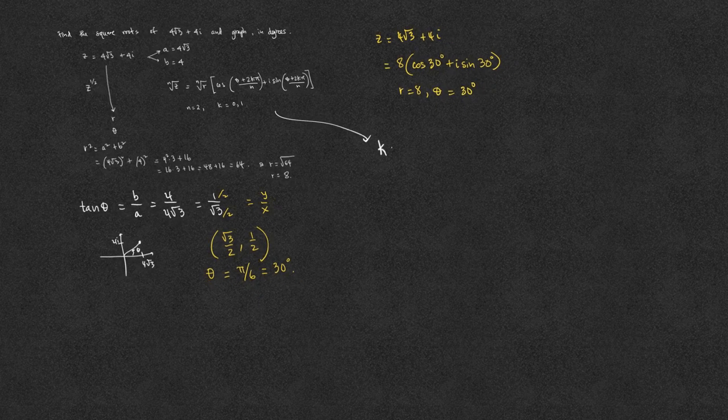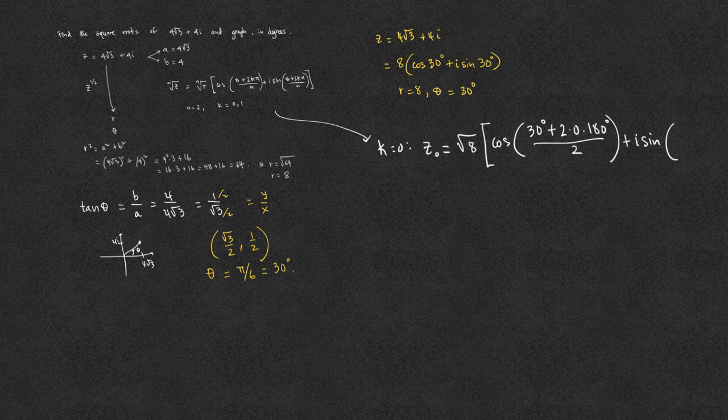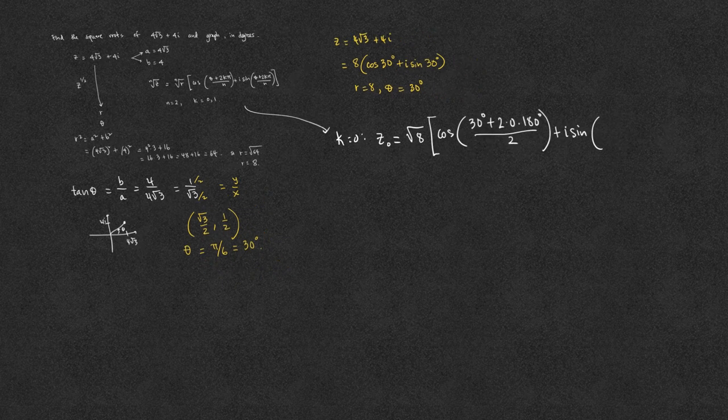When k equals 0, the first solution, z sub 0, is the root of the modulus, which is the square root of 8, times cosine of theta, which is 30 degrees, plus 2 times 0 times 180 degrees, over 2, plus i sine of the same angle, which is 30 plus 2 times 0 times 180 degrees over 2.